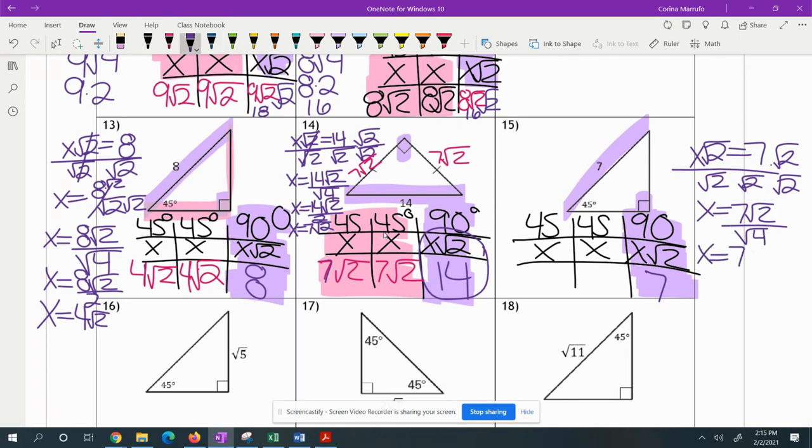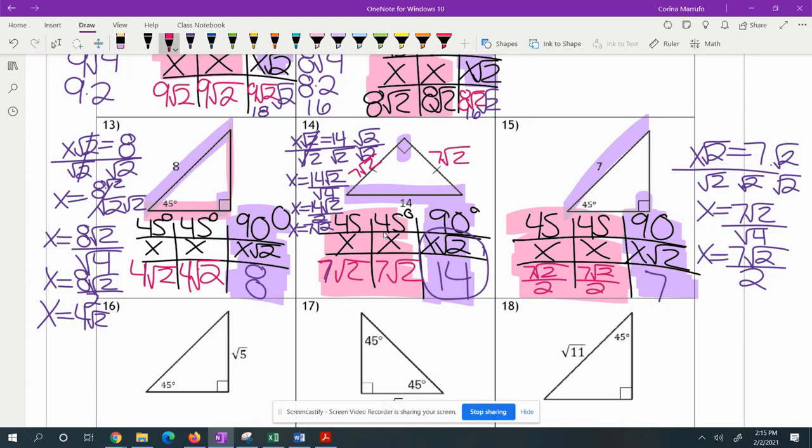We know the square root of 4 is 2. And then we can't take 7 and divide it by 2 and get a whole number, so we're just going to leave it like that. That would be simplest form. So this one right here is 7 square root of 2 over 2.